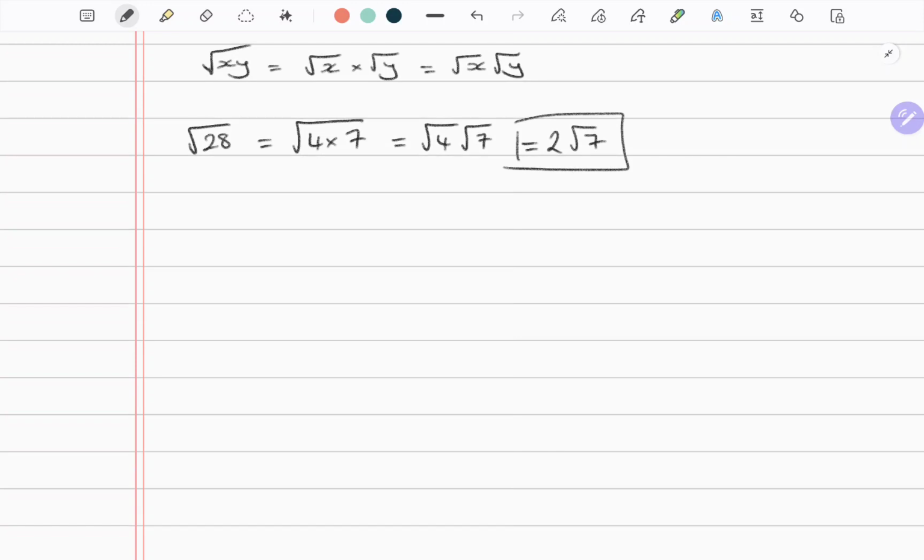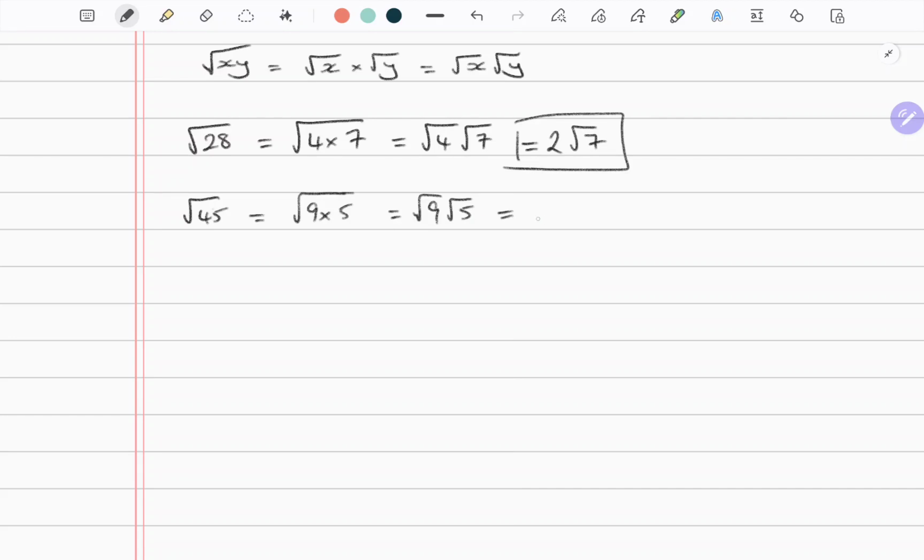Let's try another one. Let's try the square root of 45, and that is the same as the square root of 9 multiplied by 5, which is the same as square root 9, square root 5.